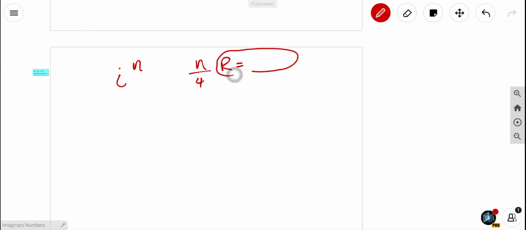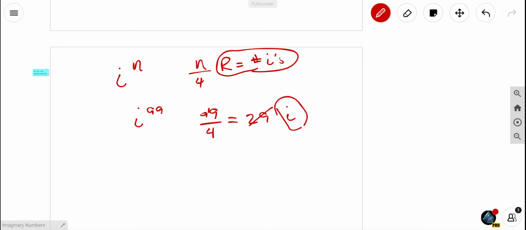This is the number of i's left over. So if I have i to the 99, I would take 99 divided by 4, I would get 24, and there would be 1 i left over. These cancel out, and all I have to worry about, that's the answer, is i.